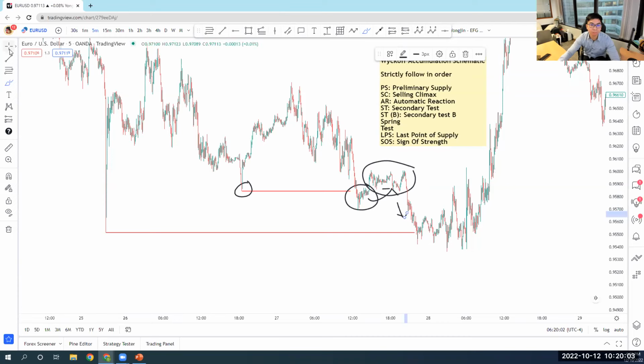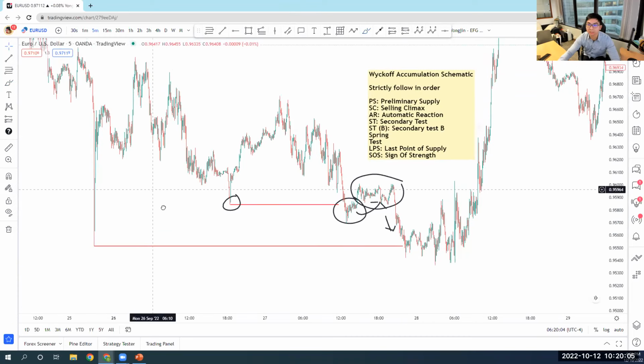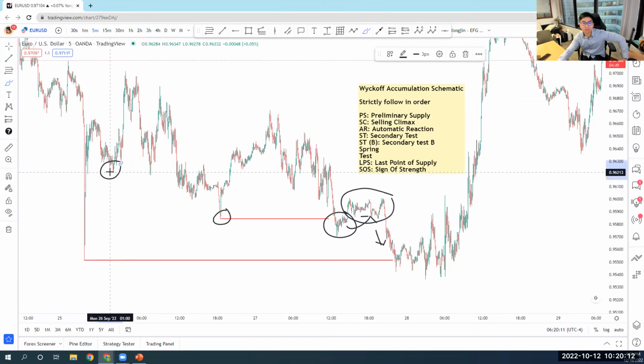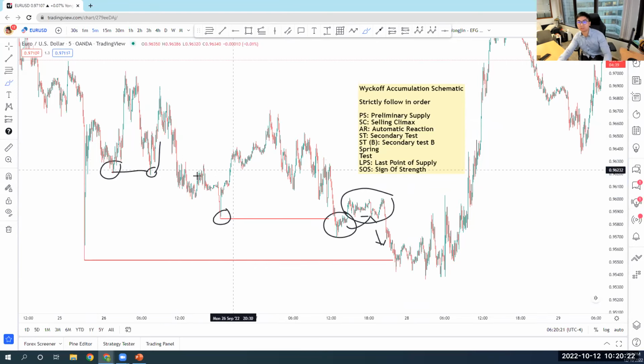A higher probability trade is when it goes to the lowest of the lowest. You do not want to enter a long after it breaks here. You can do that, but it's very dangerous. Price might not come your way and comes all the way down.